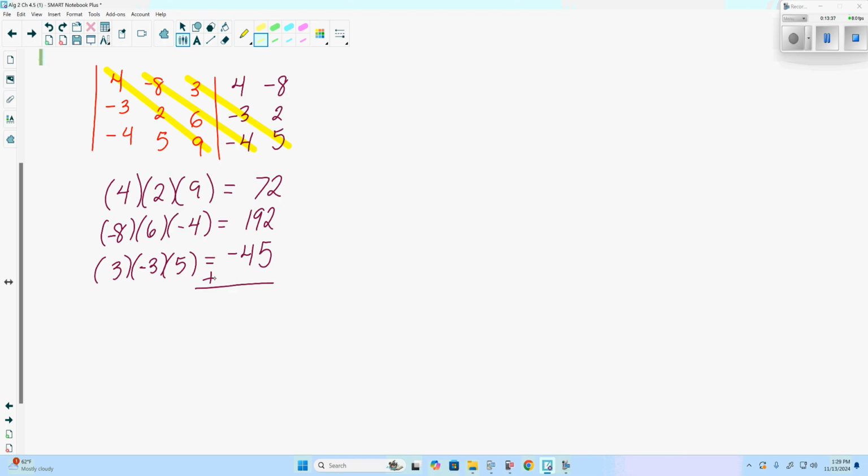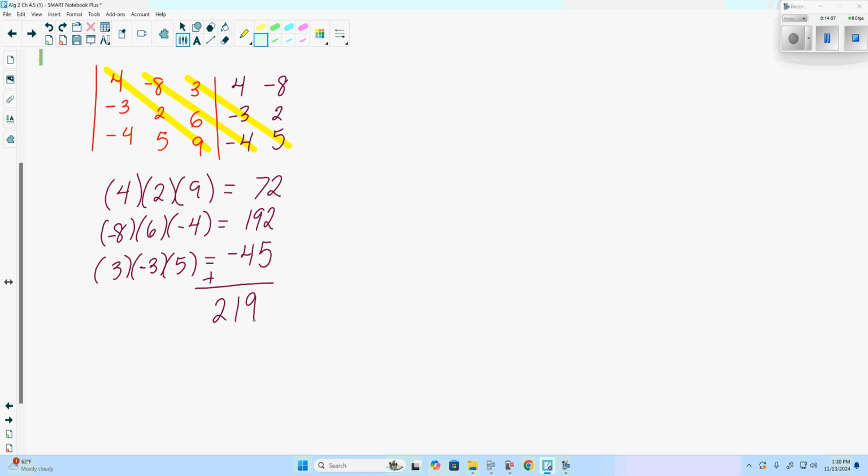So we're doing 72 plus 192 plus -45. I just stick that in the calculator, let it do it for you. 219. So that's one part of it, because we took all the ones going from the left to the right, yes?